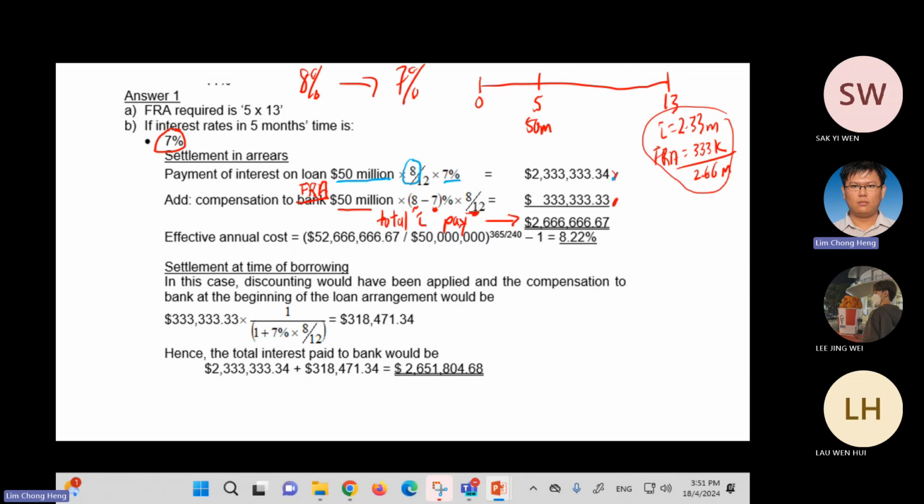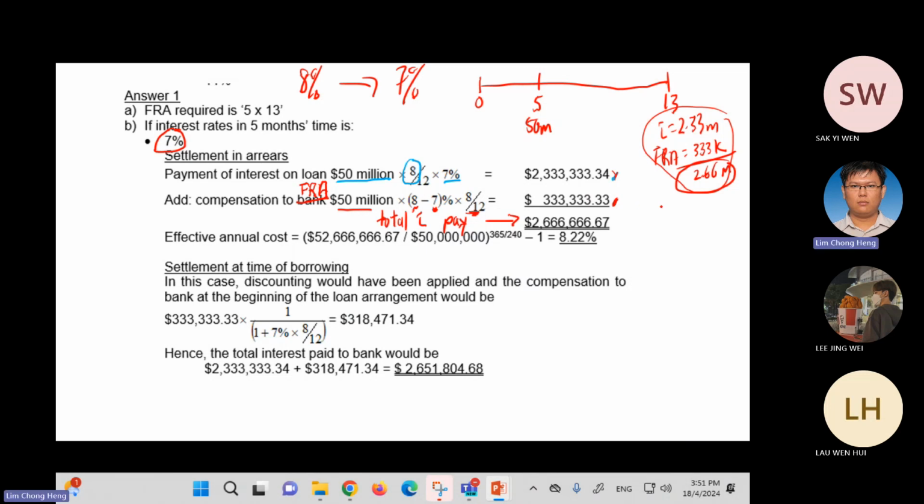Now, if the question is asking effective annual cost, we are using how much the total you pay out. 2.66 million is the interest you pay. And then you still need to repay back the principal.